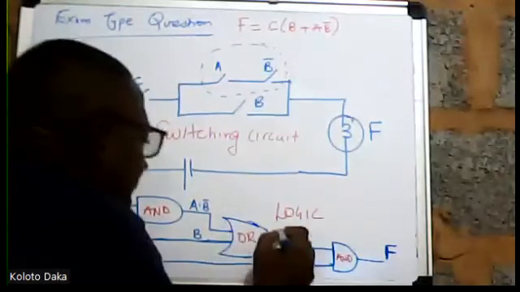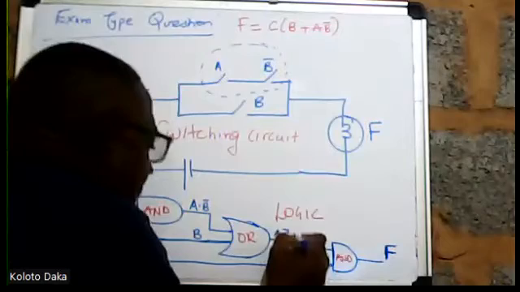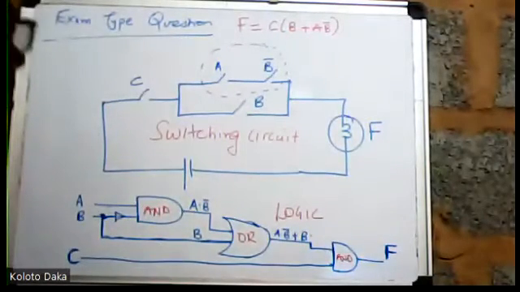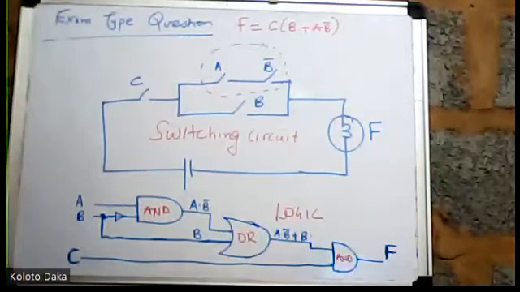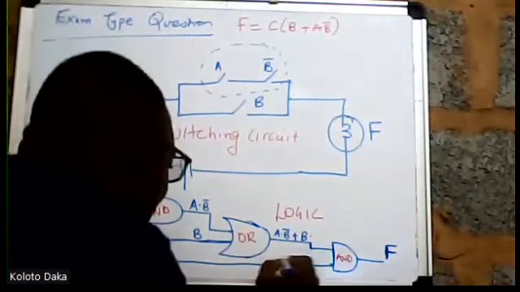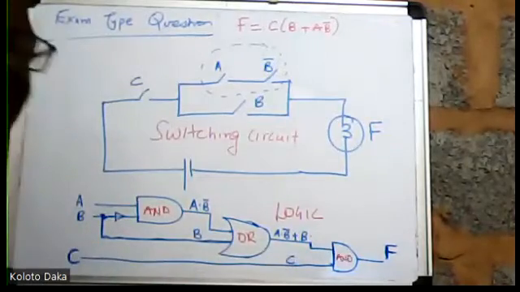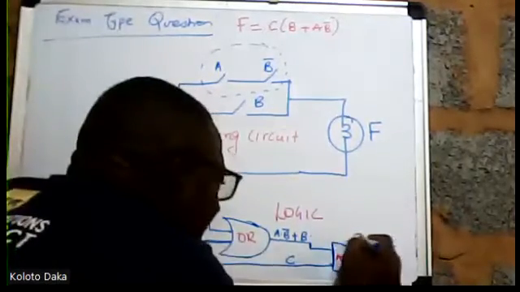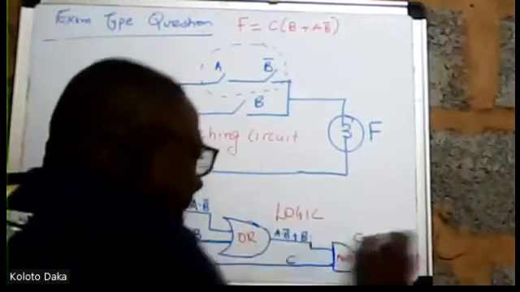Here it will be A dot B plus B, because they are in parallel. And what comes here is C. The same C has just come. So what comes out here is this C in series with this guy here.